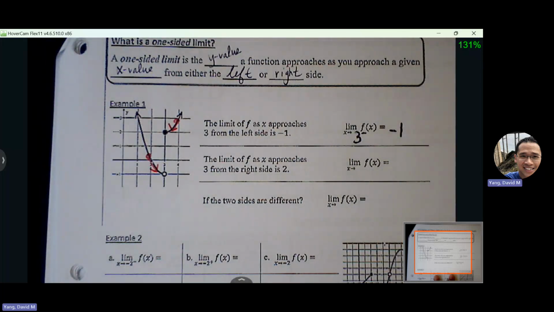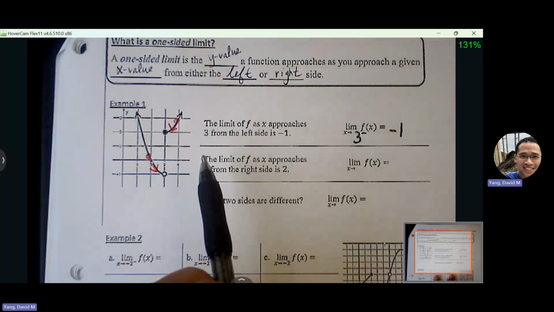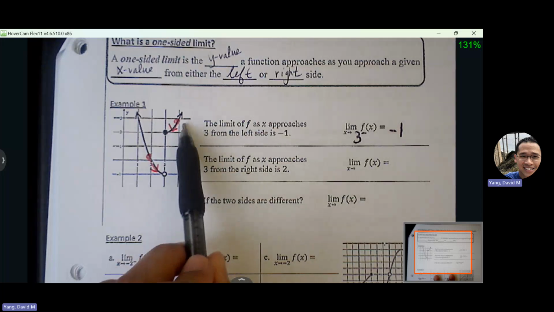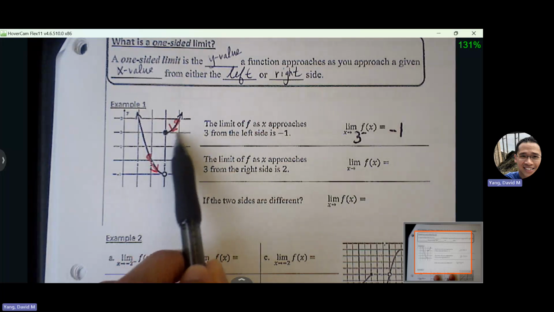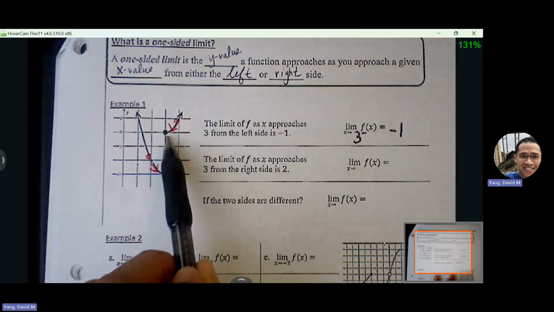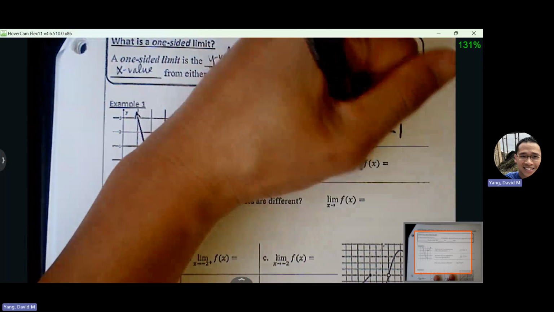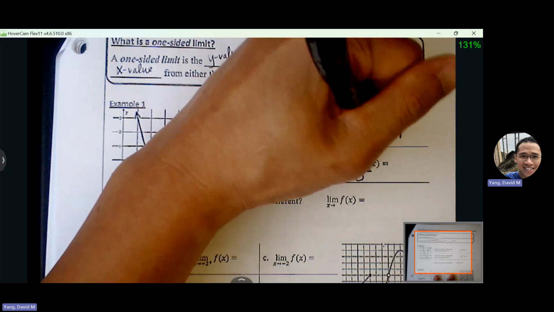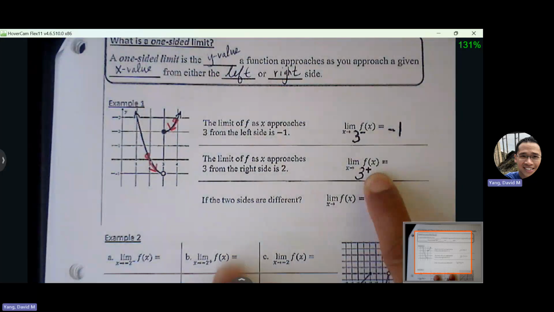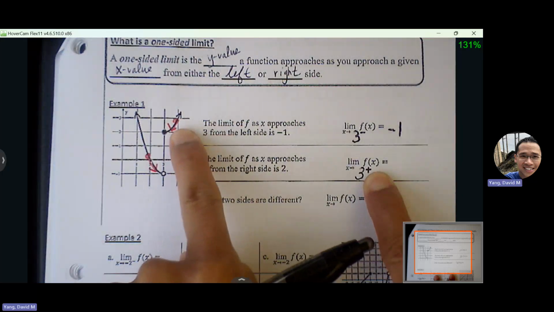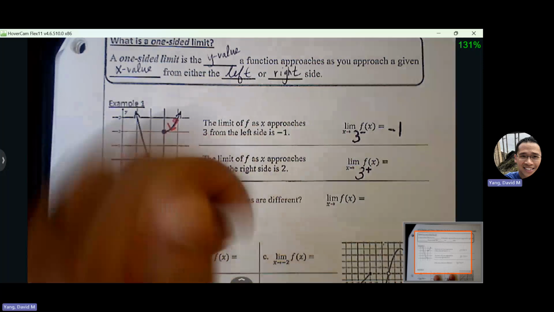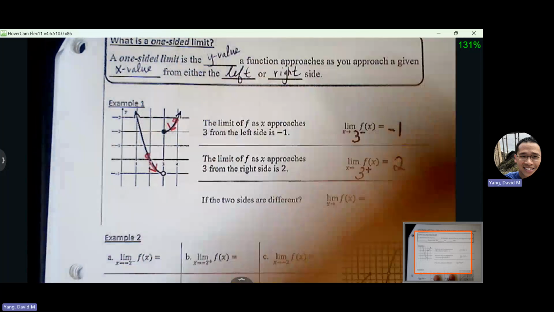The limit of f as x approaches 3 from the right side of 3 is following the behavior of this arrow, and this arrow is headed towards a y value of 2. So 3 plus is talking about what's happening with this arrow, and that is headed towards 2.